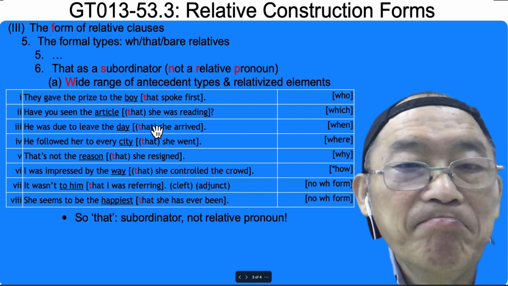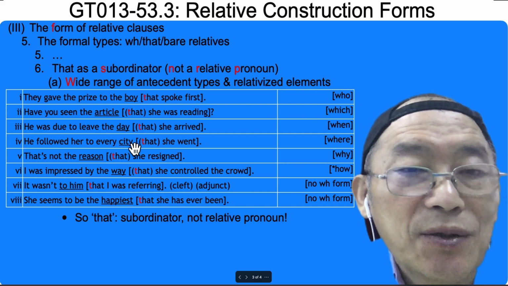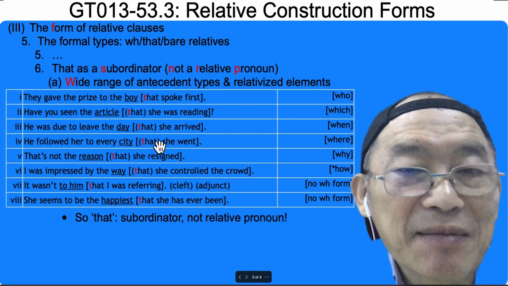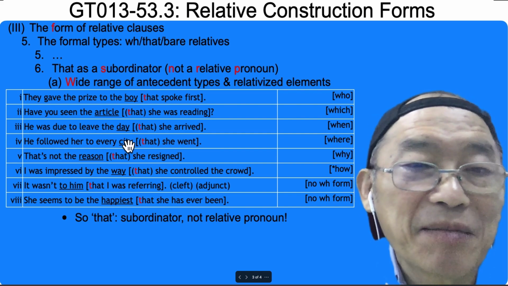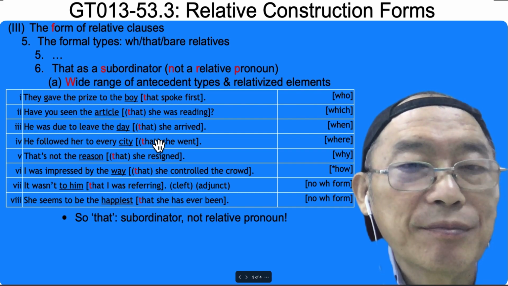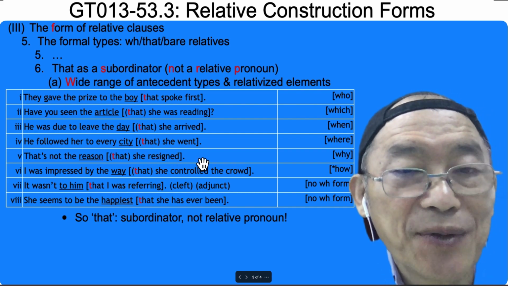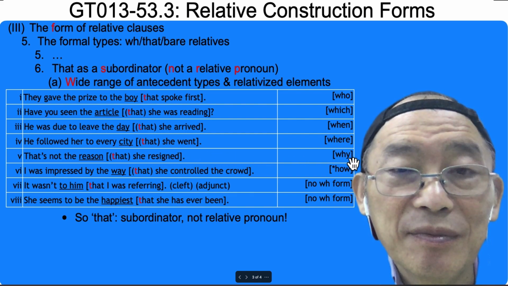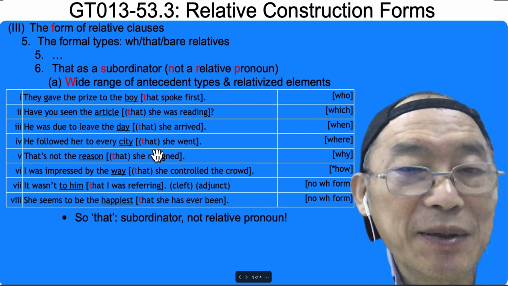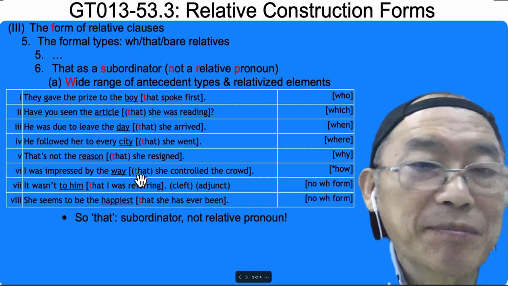"The article that she was reading": optional that. "Due to leave the day that she arrived." Sure. Optional. "Every city that you went to." Complement: where or that.